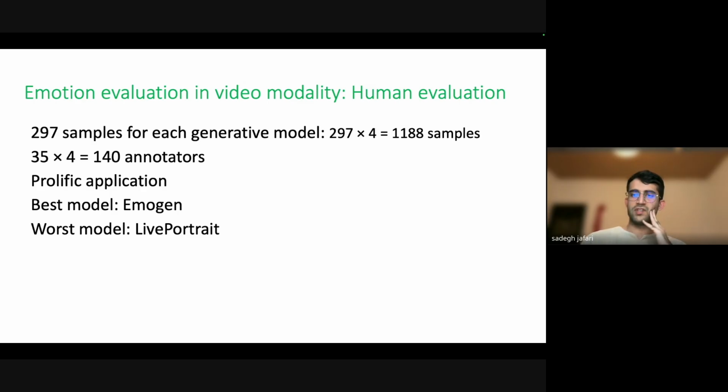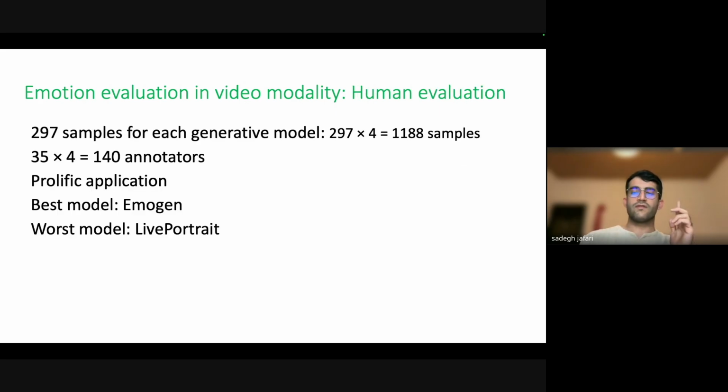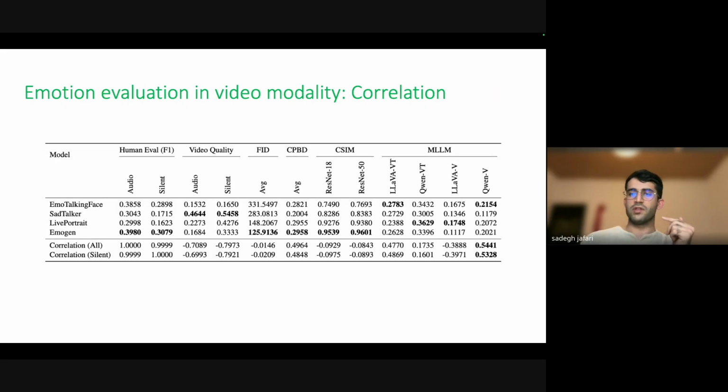Between these 4 different generative models, again, we have this correlation table. But here we have 2 different values for correlation, because we had 2 different human evaluations, one for silent videos, one for videos with audio, the normal videos. Why? Because we wanted to know the effect of audio on the mindset of our annotators, and on the final results of our experiments.